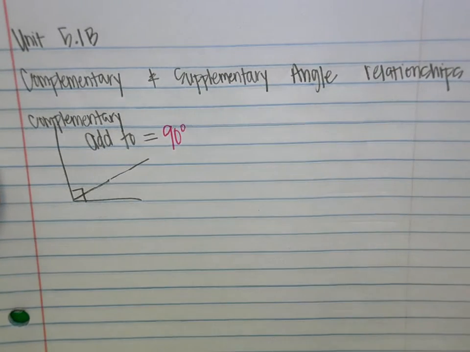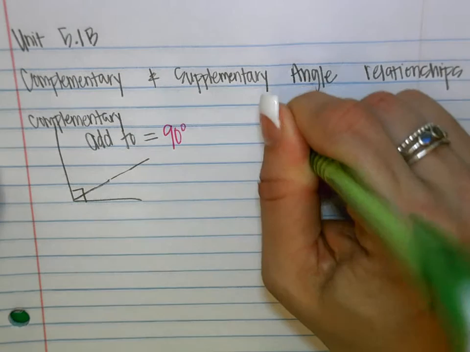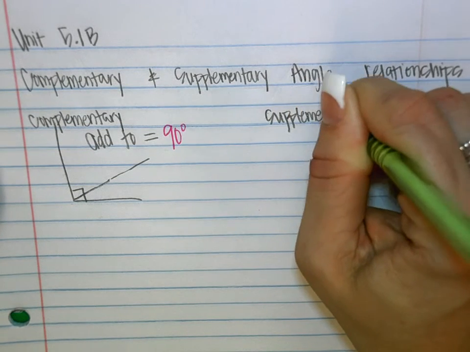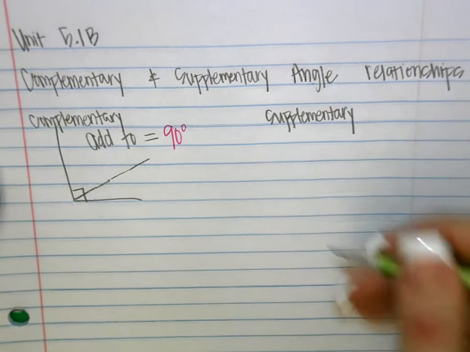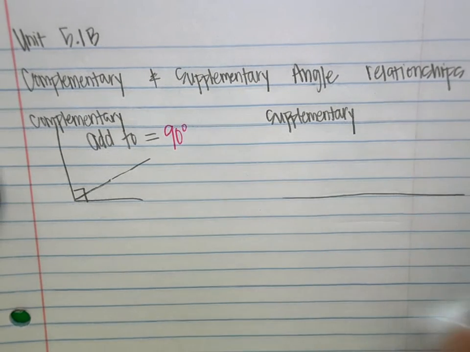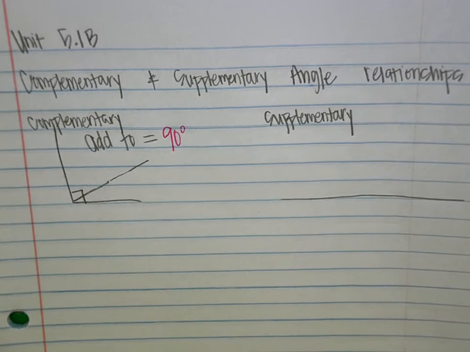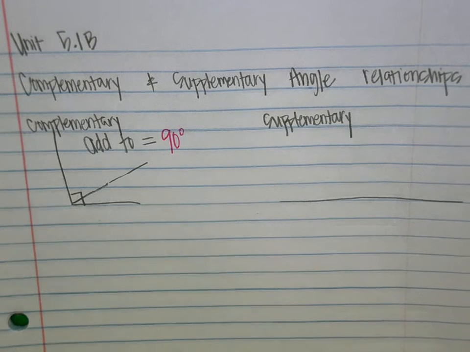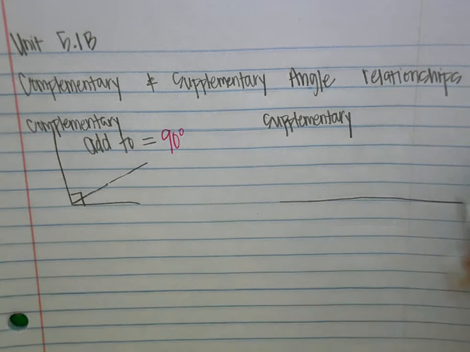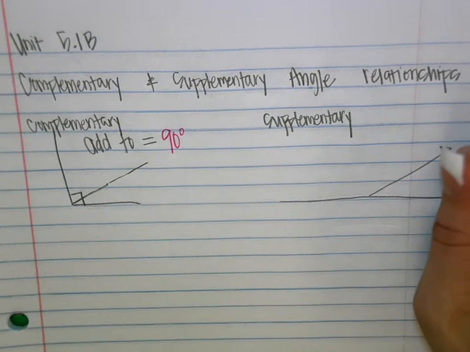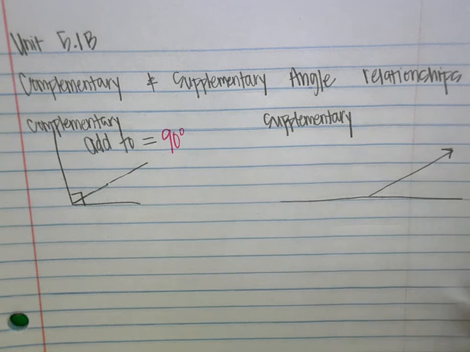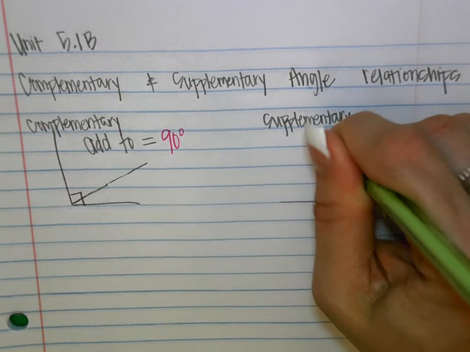Other than that, we're also going to deal with supplementary. Okay, supplementary is when you have a flat line. How many degrees are on a flat line? 180. So just like the complementary angles, does it matter how many times I cut this up? What is it always going to equal? 180.